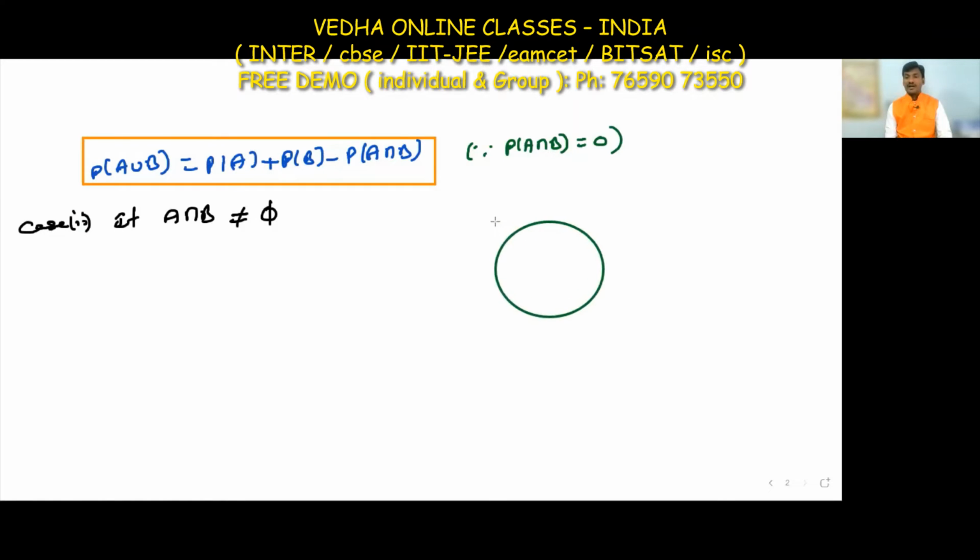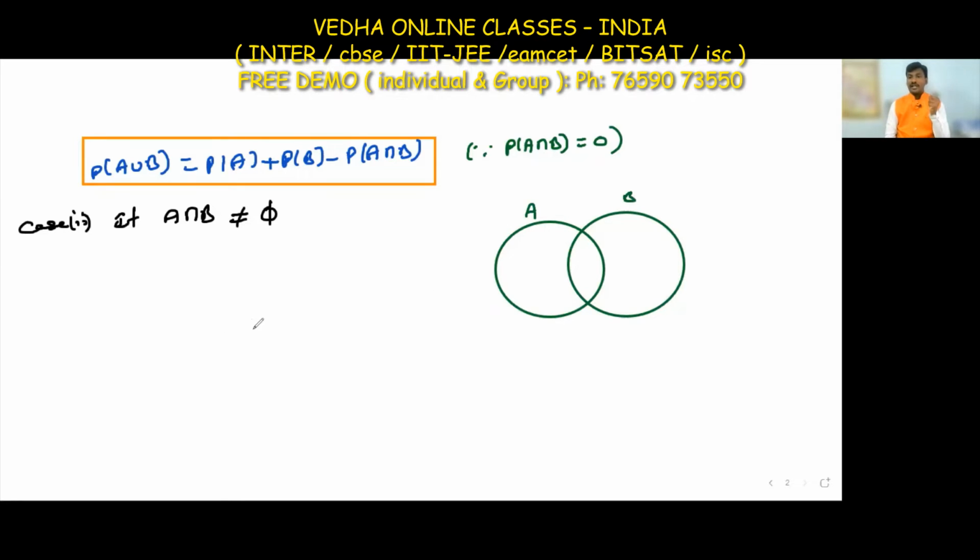We have set A here and B is another set here. Some part is common between A and B. A may be bigger or B may be smaller, maybe equal, whatever it is. Here we have some common area between A and B.